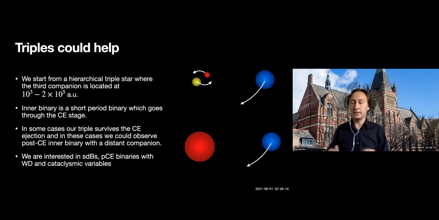But on the other hand, if mass loss from the inner binary proceeds really slowly, so the outer companion has enough time to orbit around this mass losing system, then in many cases this triple stays bound. So we want to look in observational data and statistically compare outcomes of these processes. So we are interested in sub-dwarf B stars, post-common envelope binaries with white dwarfs, and cataclysmic variables.